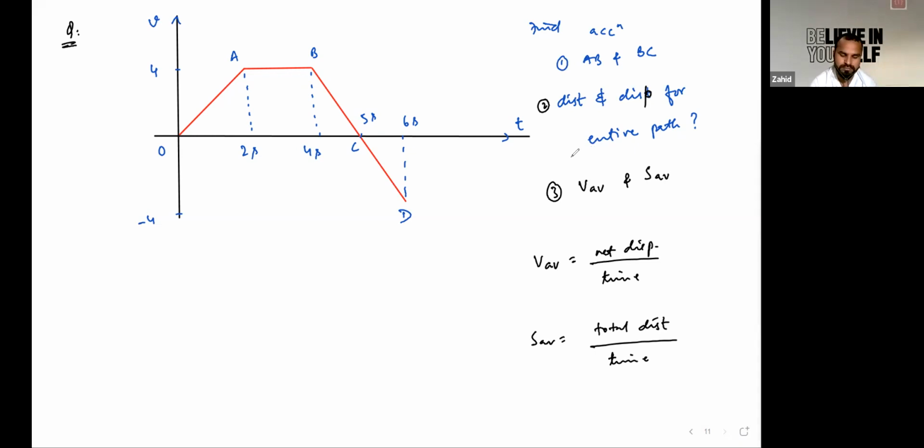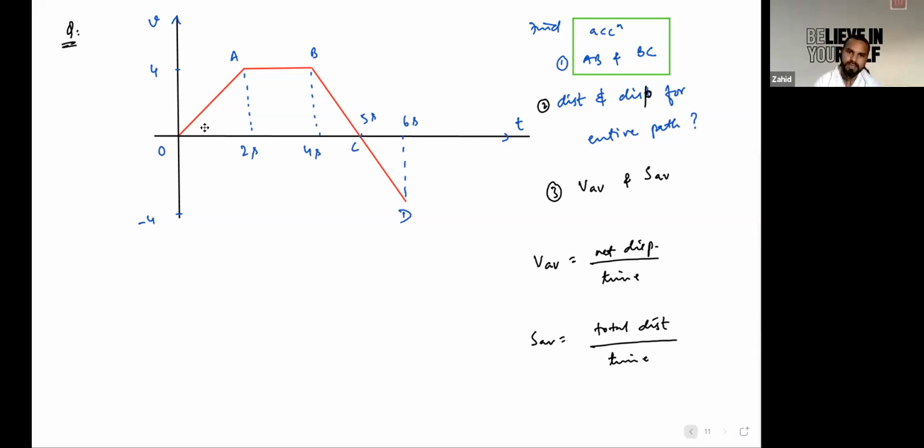Should I give some hint? In this part, you have to calculate acceleration. So first of all, what do you mean by acceleration on the basis of the graph? Slope of the velocity time graph will define your acceleration.